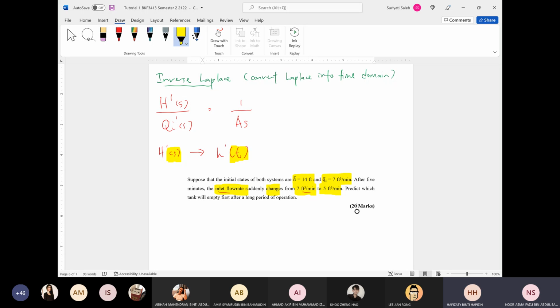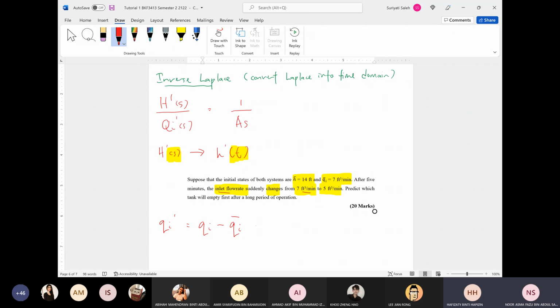So what we want to observe, we can see that here we have the qi prime. Based on the deviation variable, we have the qi prime equal to qi minus qi bar. So according to this, your inlet is 7 feet cube and then it's changed to 5.